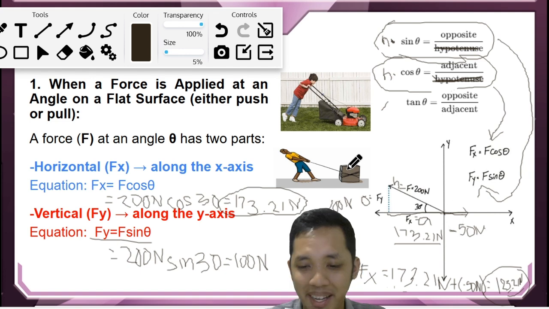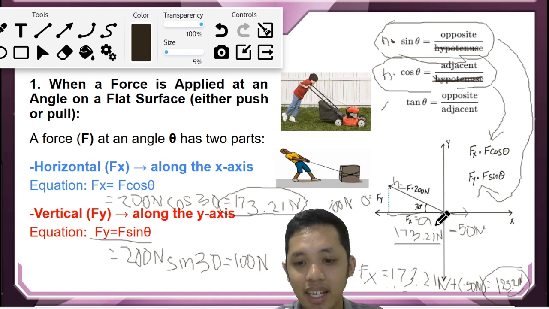Since our net force is non-zero, it means the forces acting along the x-axis are unbalanced, meaning the object will change its motion, or it will move from rest.